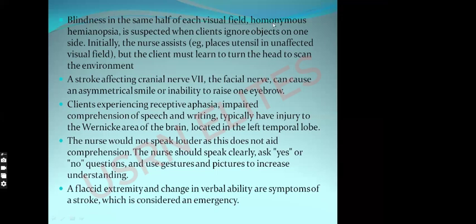It's a topic or a subtopic you can be asked about, especially with the nursing management. When someone has homonymous hemianopsia, how you manage them. So we are saying when you have blindness in the same half of each visual field.